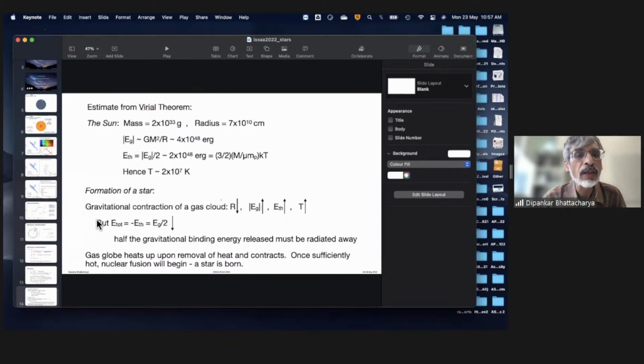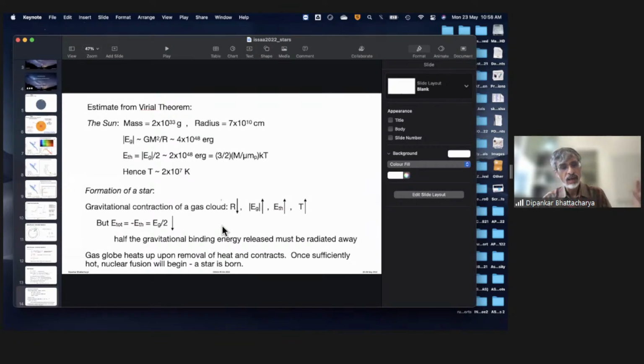E thermal is not negative in E total. E thermal is positive. E gravitational is negative. The total energy is negative. Yes, why should half the gravitational energy be radiated away? As I mentioned, this follows from the Virial theorem, and the Virial theorem follows from the hydrostatic equilibrium.